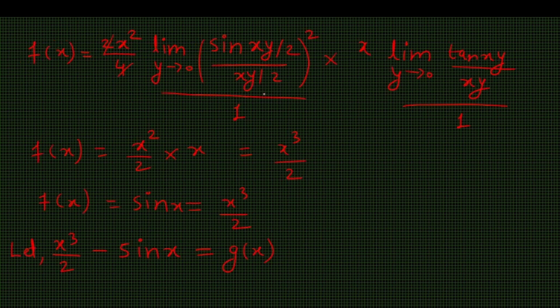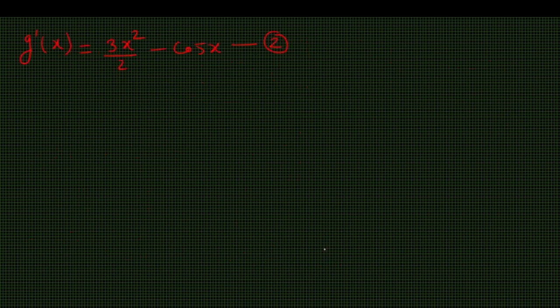Now differentiate g of x, we will get g dash of x is equals to 3x square by 2 minus cos x. Let's say this is equation number 2 and g of x is equation number 1. Now again differentiate g dash of x, we will get g double dash of x is equals to 3x plus sin x. Let this is equation number 3.